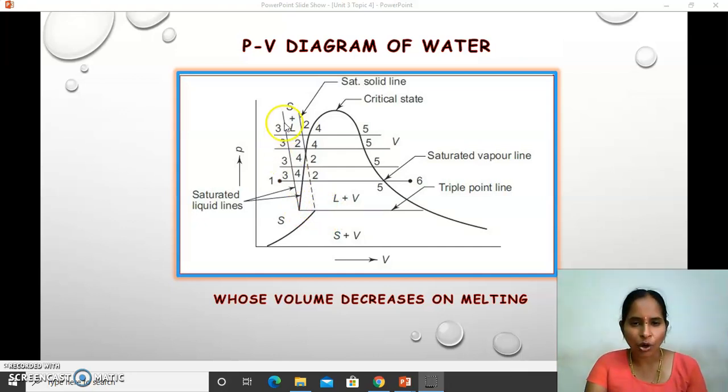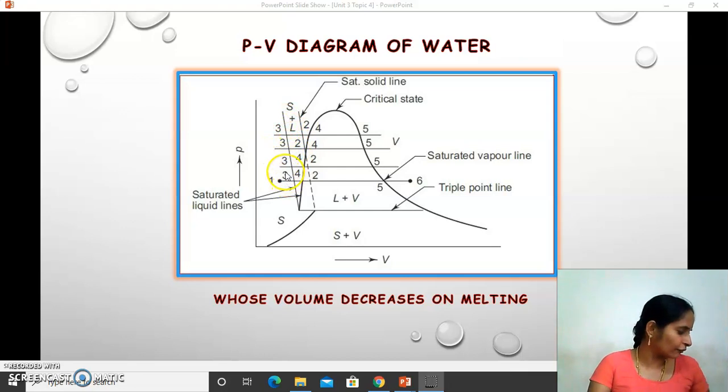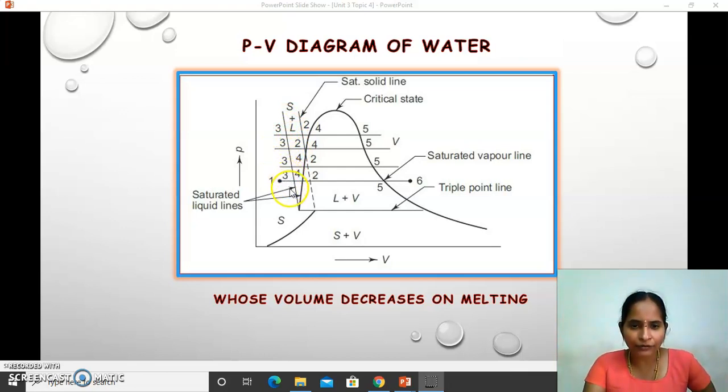water. Okay, so of all three points, the state 3 is the ending of the conversion of ice to water.